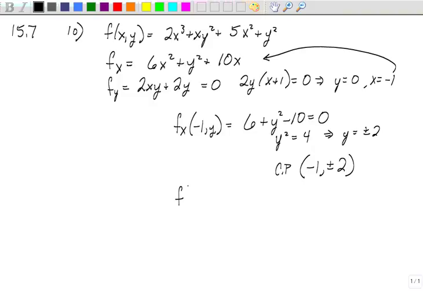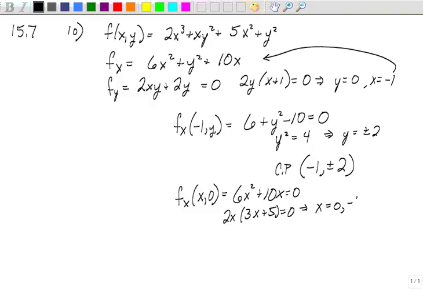So we get the points negative 1, plus or minus 2 for critical points. When we plug in y equals 0, we get 6x squared plus 10x equals 0. Factor out a 2x. We get x equals 0 or negative 5/3.